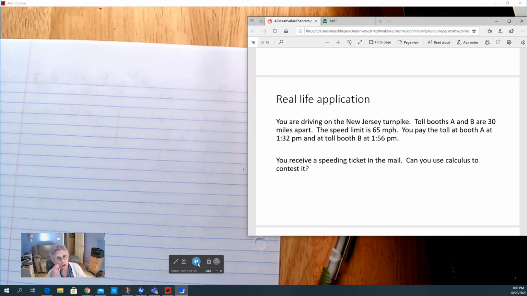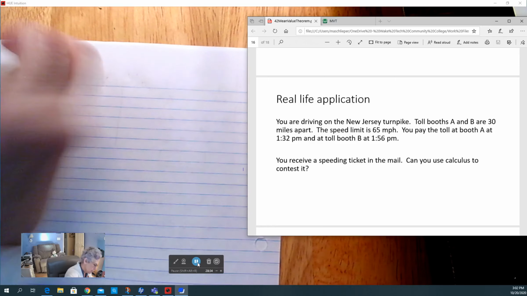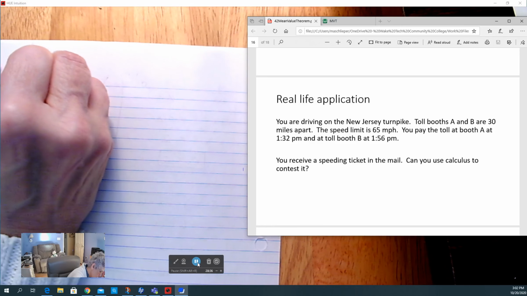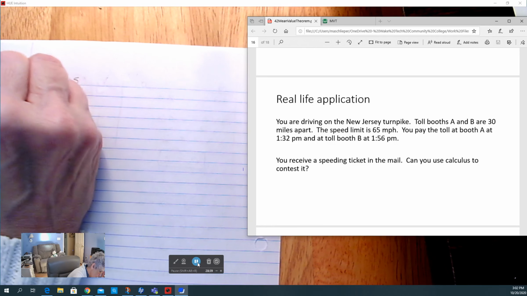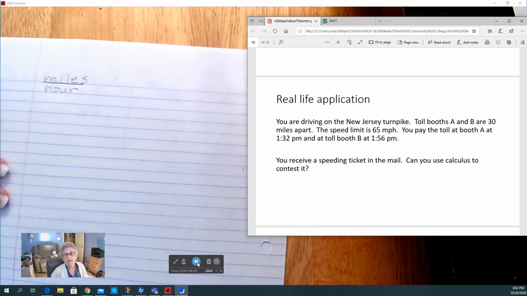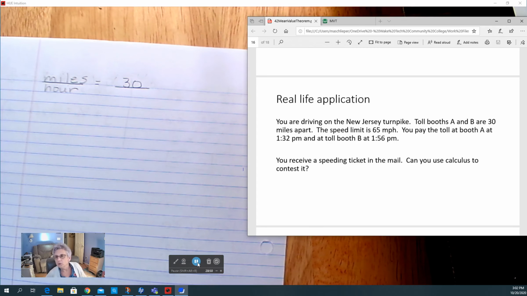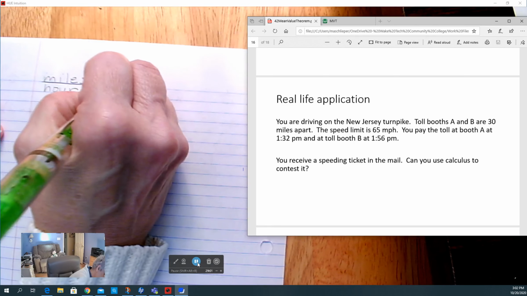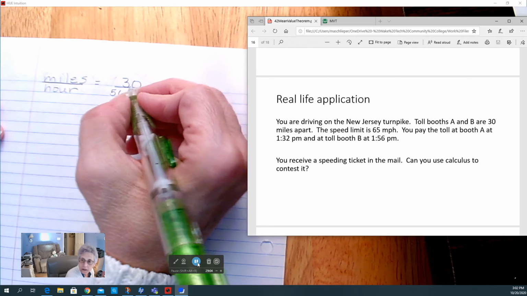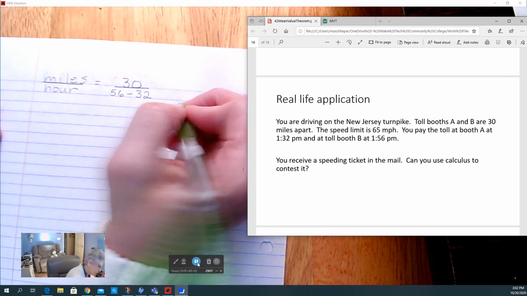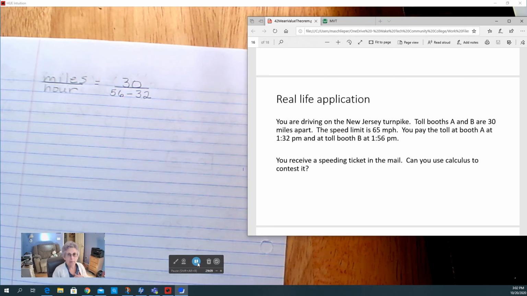Figure out our average rate of change over that time period. So we're thinking of miles per hour. So that's miles over hours. We went 30 miles. Now it was 1:32 when we were at toll booth A, and it was 1:56 when we were at toll booth B. So if we take 56 minus 32, that's going to give us miles per minute.